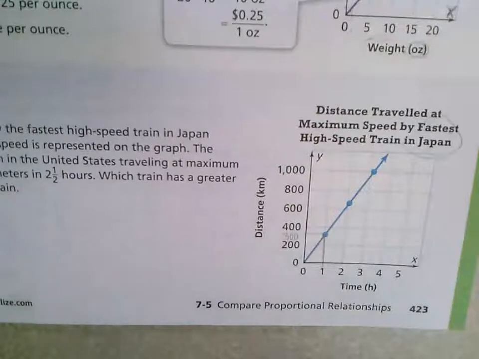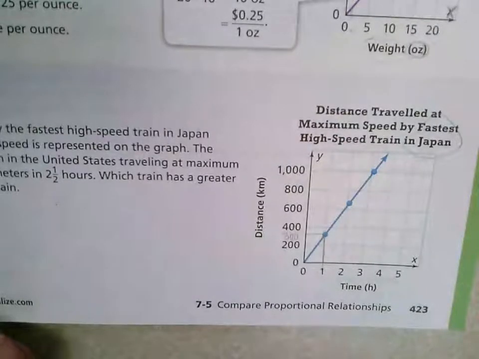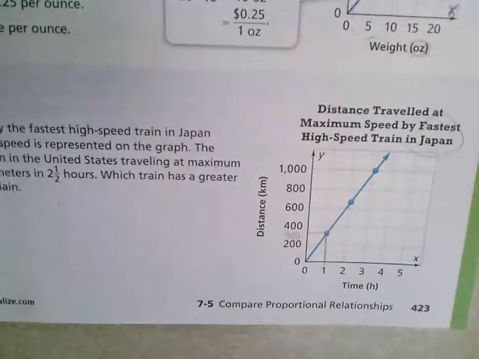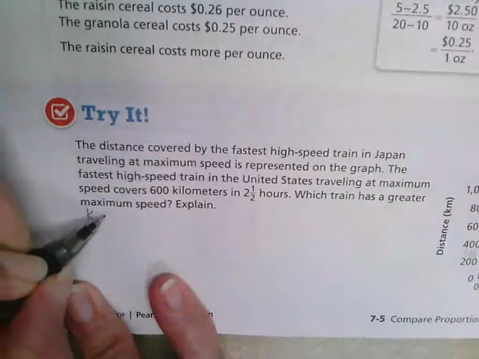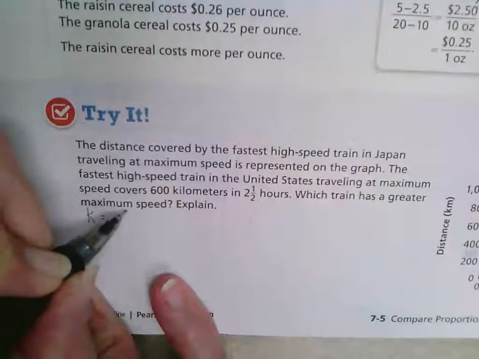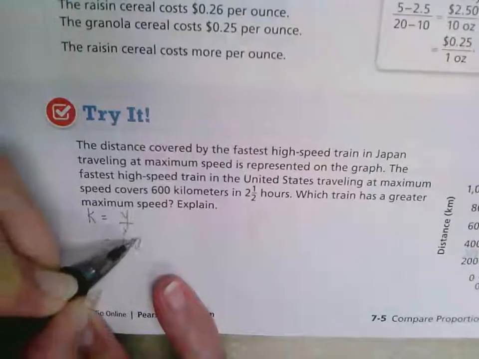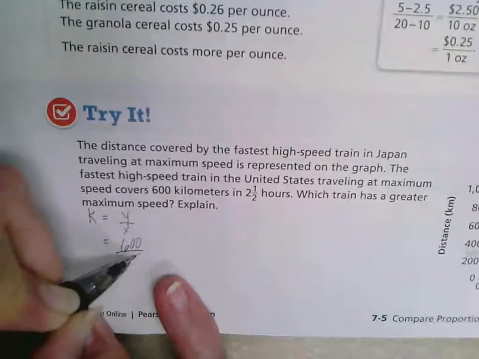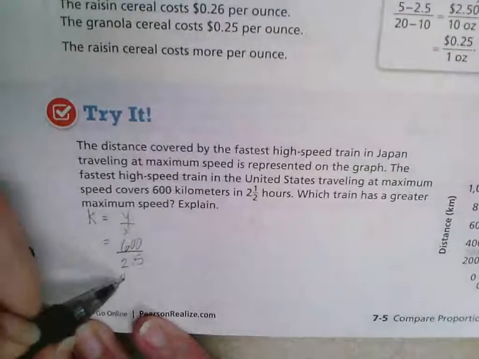I'm going to start first by looking at the United States train and figure out what its constant of proportionality is, because I can figure that out. So k is equal to y over x, which is equal to 600 divided by 2.5, which is equal to 240.